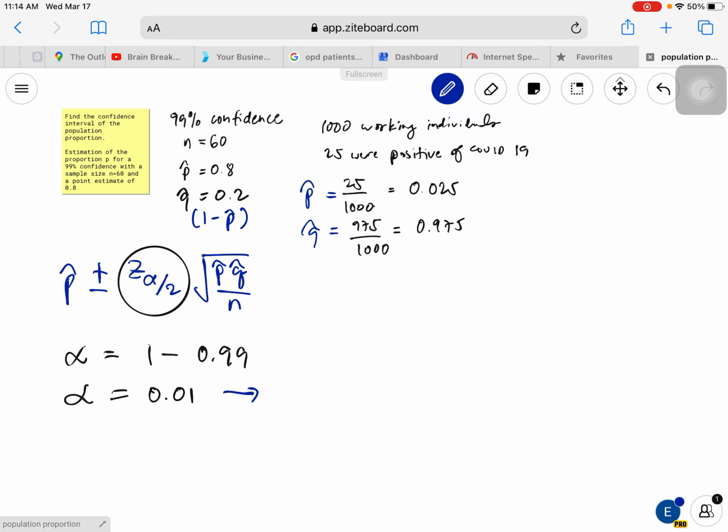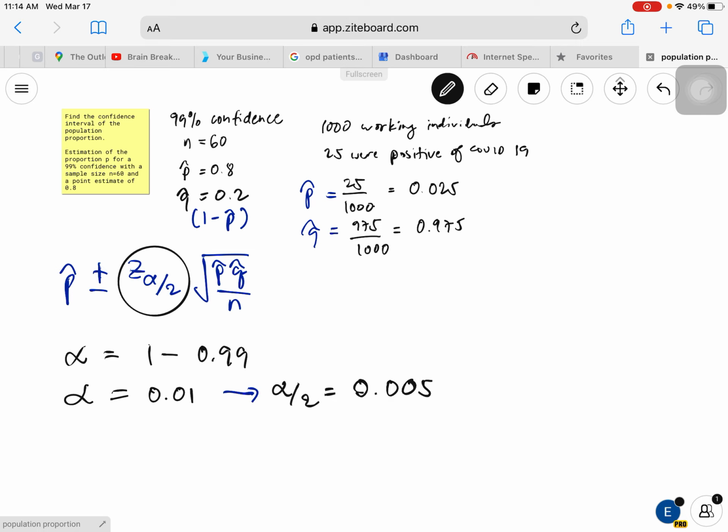Next, alpha over 2 is going to be equal to 0.01 divided by 2. So that's basically 0.005.